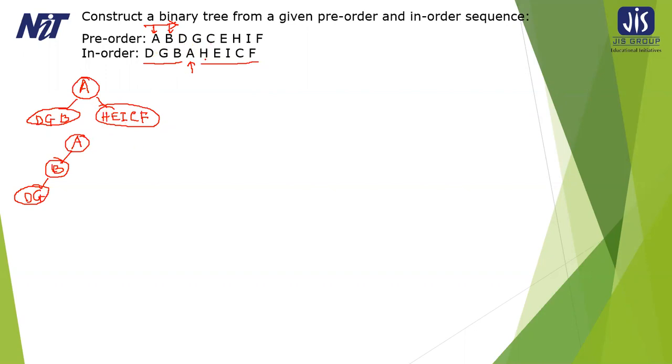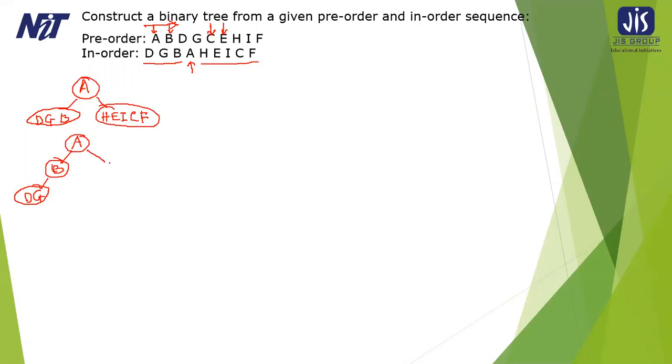Among H, E, I, C, sorry, C came first. That means C will be the root of this right subtree.